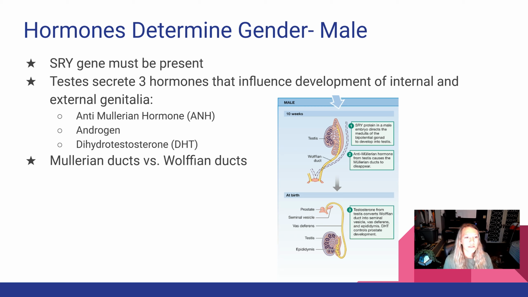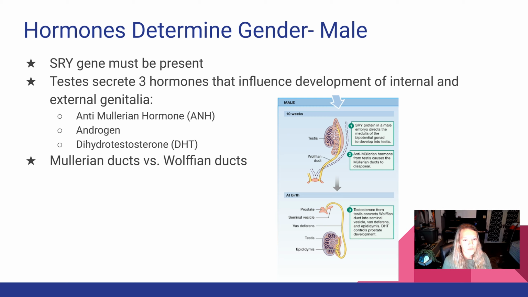So the first one is anti-Müllerian hormone, also known as AMH. The next one is androgen, and the third one is dihydrotestosterone, or DHT.